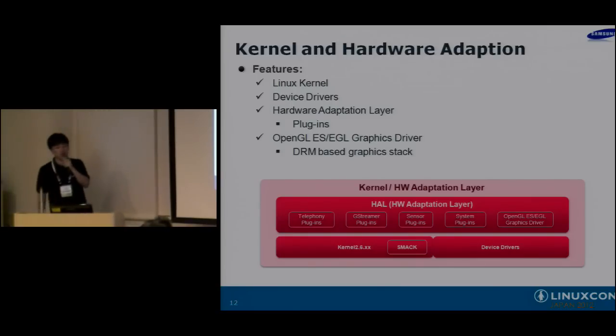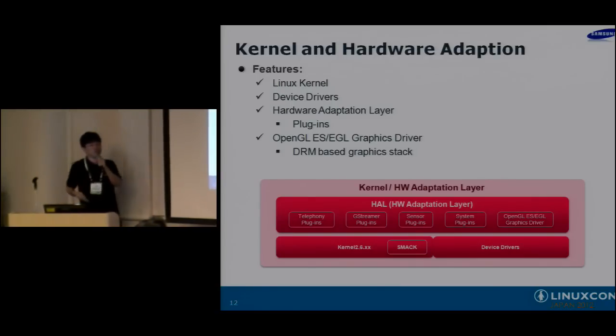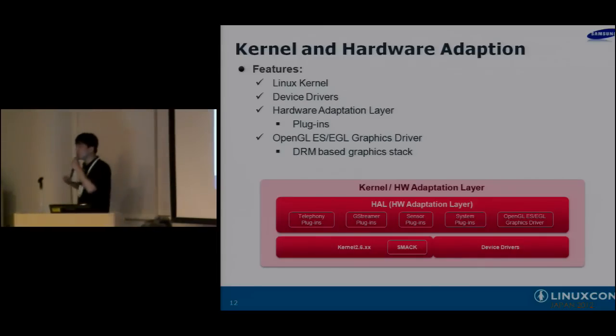And we have OpenGL ES and EGL graphics driver. Usually, as Samsung, we get those drivers from vendors like ARM, the Mali chip vendor. They provide this driver and library.